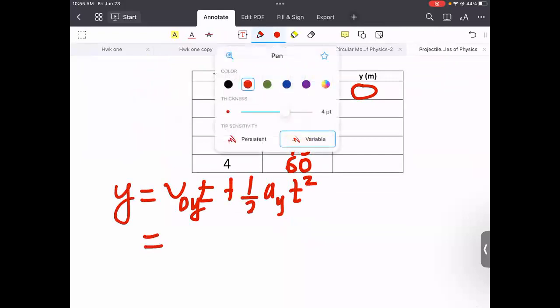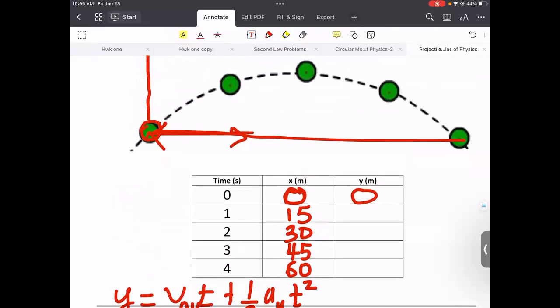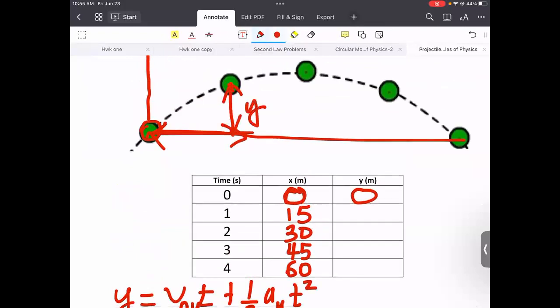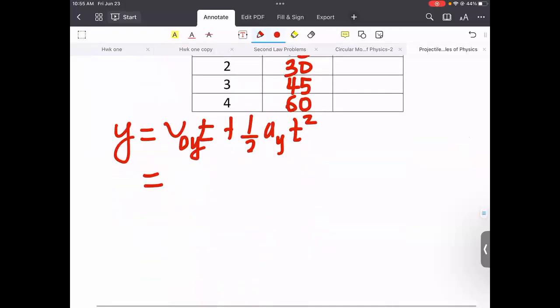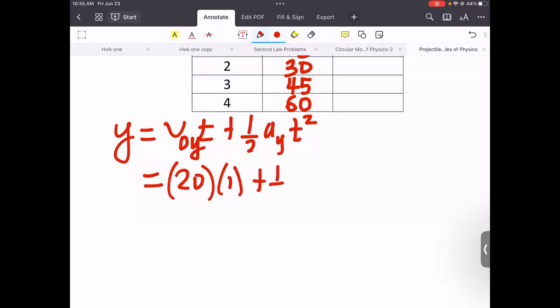So let's start with 1 second. What will be y after 1 second? Let's plug in the numbers. Our initial velocity is 20, and I want to use the units now. Time is 1, plus 1/2, remember acceleration is downward, minus 10, and time is 1 squared.